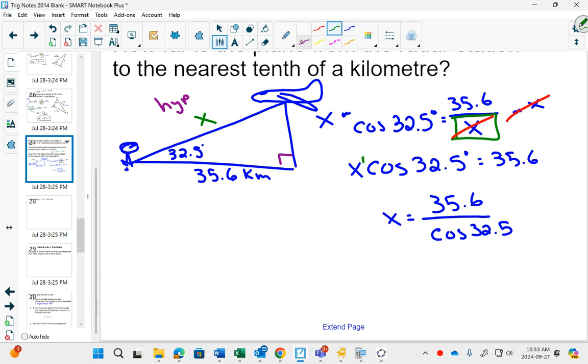I still want to get this x by itself. But now it's multiplied by cos of 32.5 degrees. So I need to divide both sides by cos of 32.5 degrees. Divide this side by cos of 32.5 degrees. This will equal 1, so it simplifies away. And we get our answer.